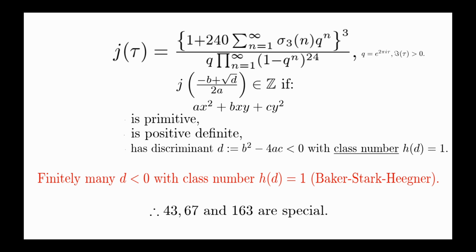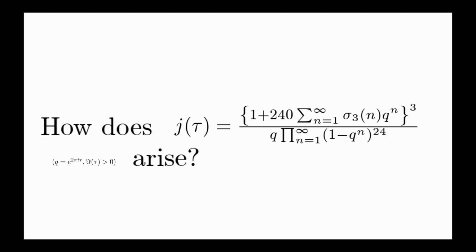So we are going to look first at the first question. What is the j function and how does it arise? It arises naturally from elliptic function theory, which we are now going to review.